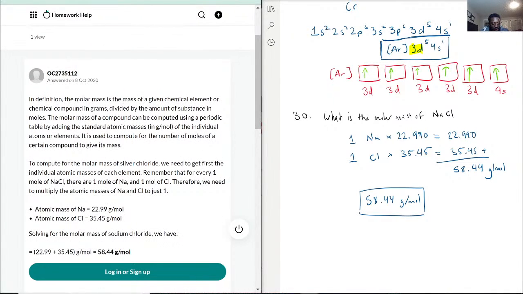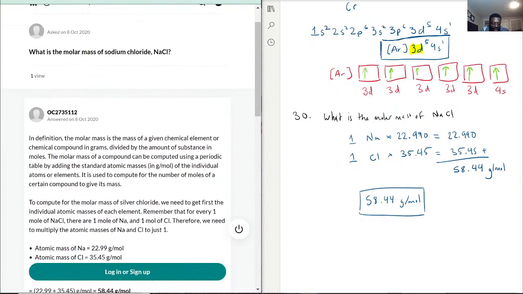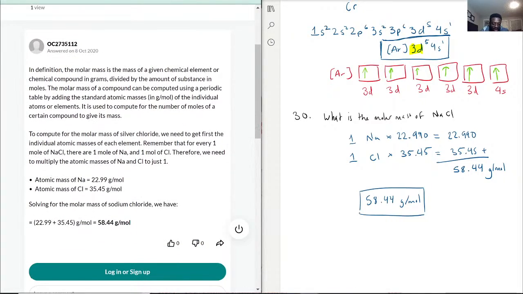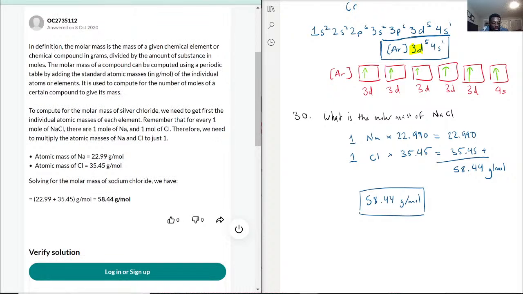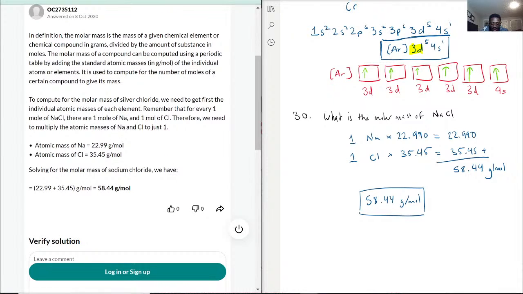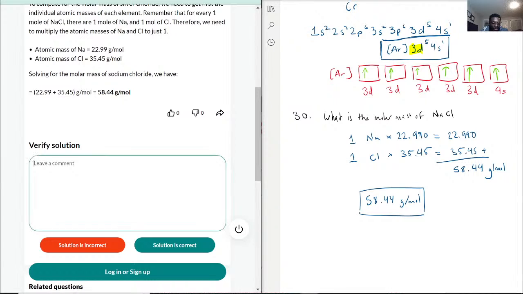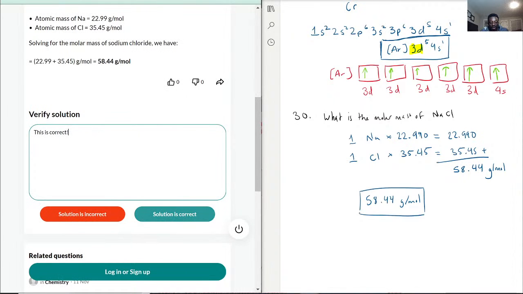Silver chloride, I'm pretty sure they meant sodium, because they say NaCl later, so that means sodium chloride. I had to double check that it was sodium and not silver. So for every mole of sodium chloride there is 1 mole of sodium and 1 mole of chlorine. You multiply, add it together, and you get 58.44. So this is also correct. Let me click that this is correct.